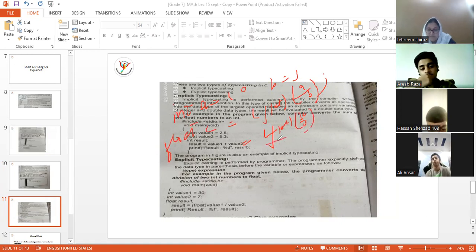It will first divide, then float. Now float 3, convert this into float 3, means convert this into decimal. The answer will be 3.3. So this is actually explicit and implicit typecasting of different cases.